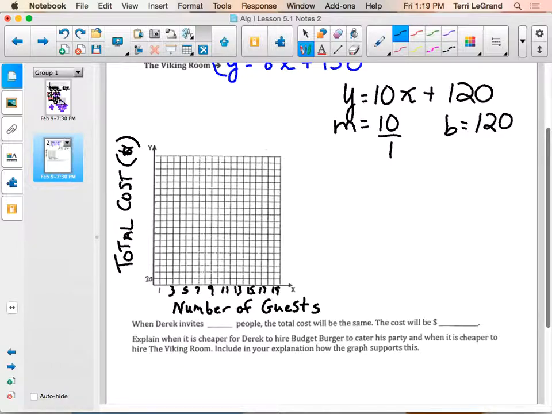Okay. So what's the y-axis going by? How many dollars at a time is the y-axis going? $20 at a time. So let's get that numbered.